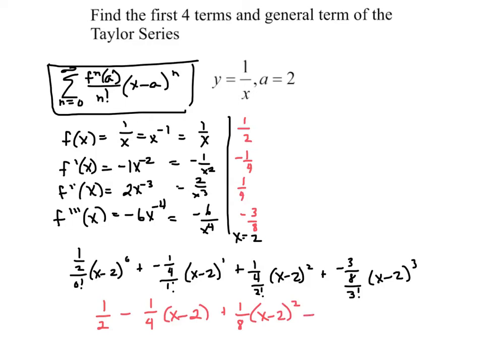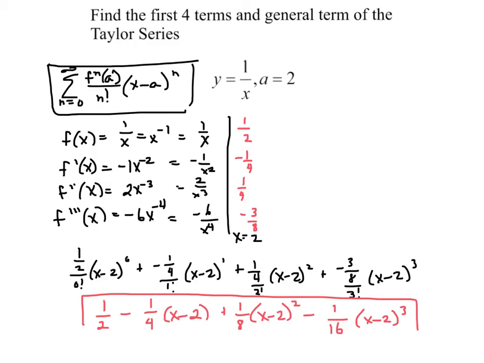Three-eighths divided by 3 factorial, so 3/8 divided by 6, that's 3/48, which reduces to 1/16. There are my first 4 terms.